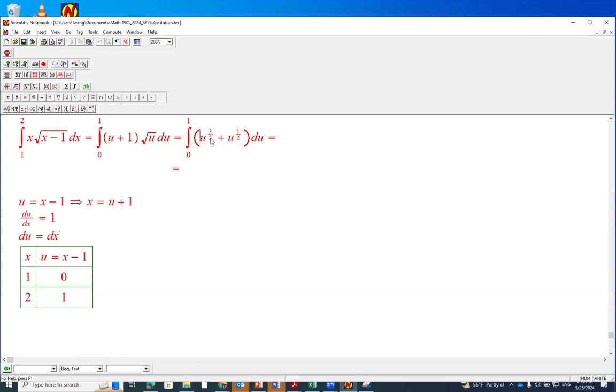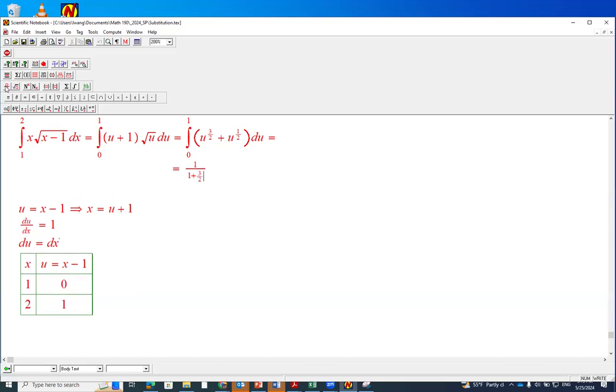The antiderivative for u to the power 3/2 is u to the power of 1 plus 3/2, and that equals 5/2. We just do it in our head, plus the antiderivative for u to the power of half.